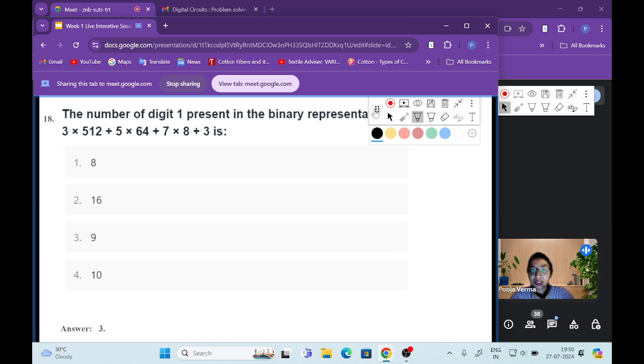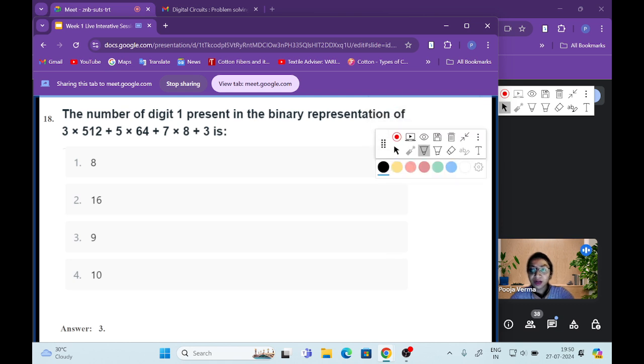So the next question is the number of digit 1 present in the binary representation of 3 multiplied by 512 plus 5 multiplied by 64 plus 7 multiplied by 8 plus 3. How many ones are present in this binary representation?